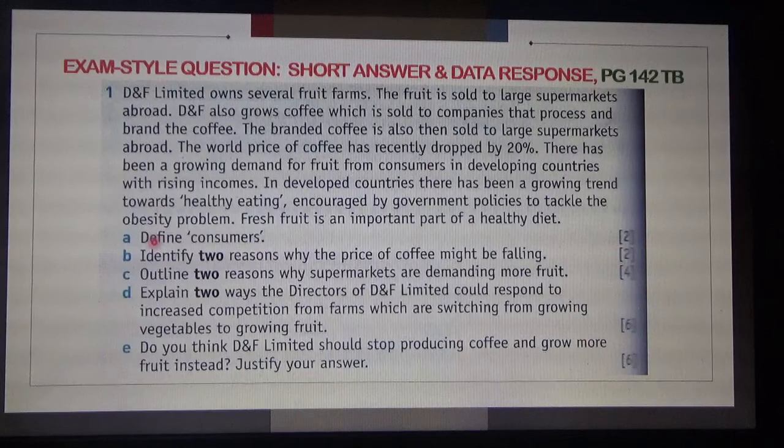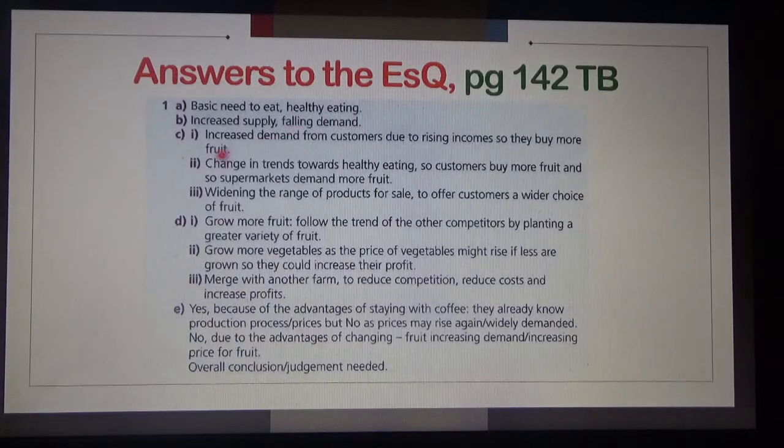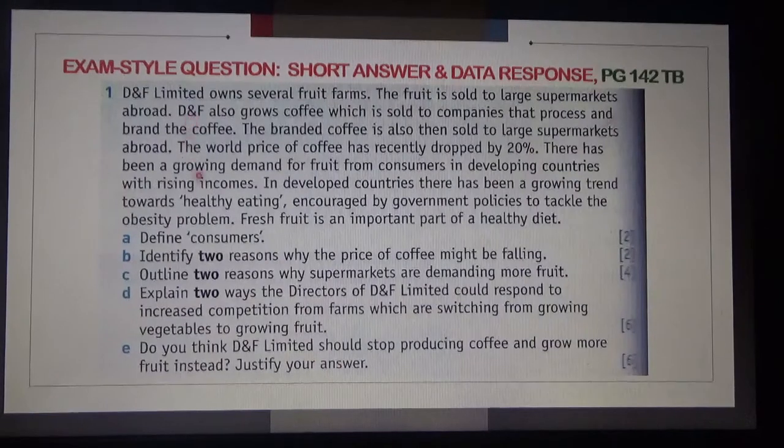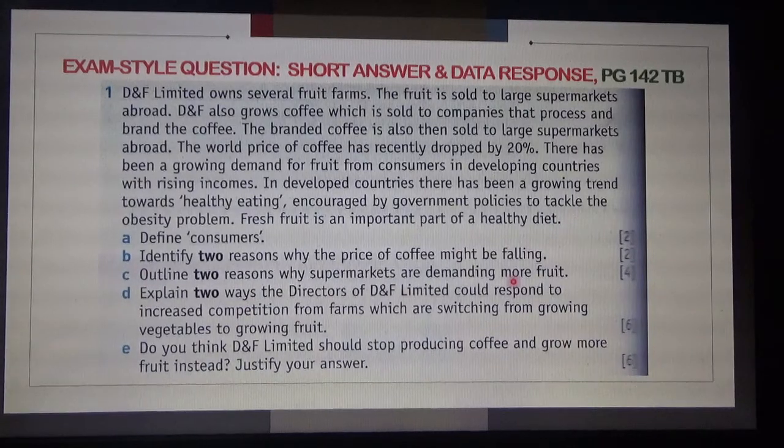Now, we have here letter B, identify 2 reasons why the price of coffee might be falling. Coffee price might be falling because there may be increased supply of coffee or falling demand. People are not patronizing coffee anymore. That's why the sales are going down. For letter C, outline 2 reasons why supermarkets are demanding more fruit.